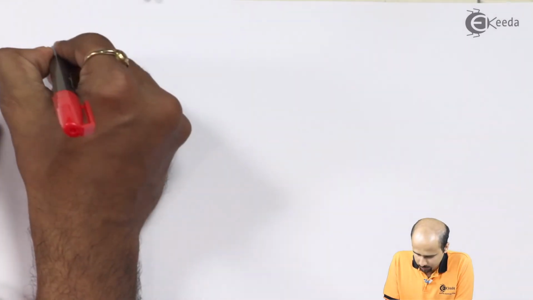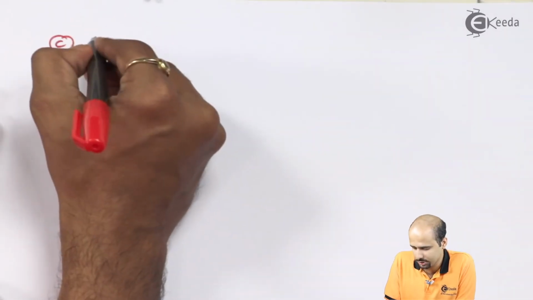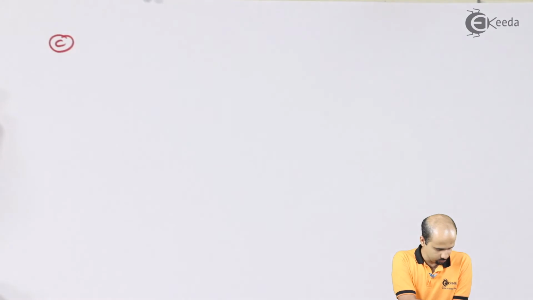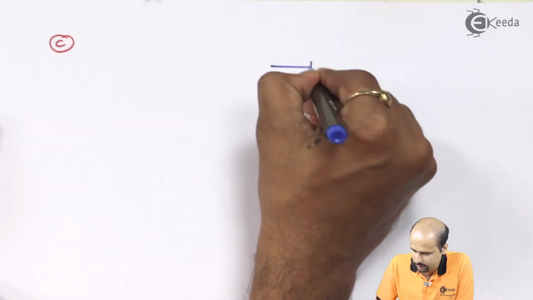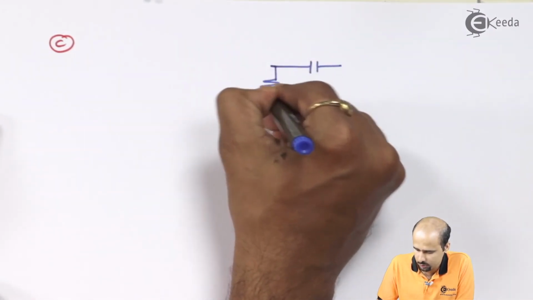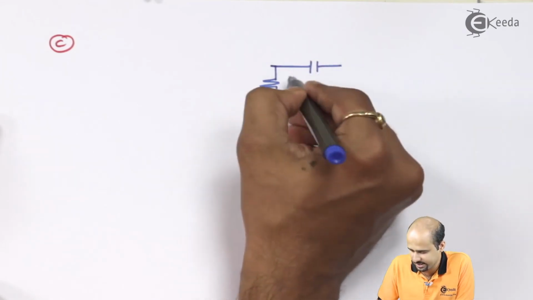Let's move to the third RC network. We'll do this calculation quickly. The third circuit is in between the first stage and the second stage.